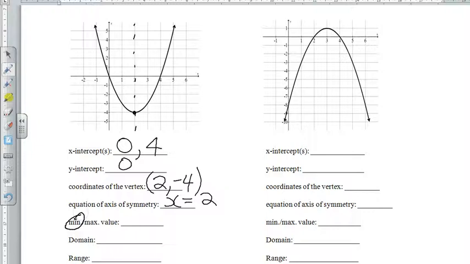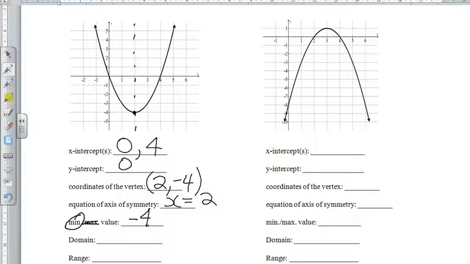It has a minimum value, so we can circle that or cross the other out. And what is the minimum or maximum value? -4. The equation of the axis of symmetry and the min or max value are related to the vertex. The axis of symmetry goes through the x coordinate of the vertex, and the min or max value is the y coordinate of the vertex.